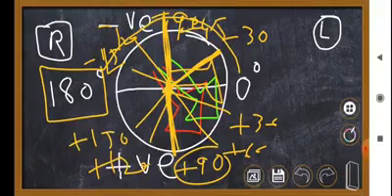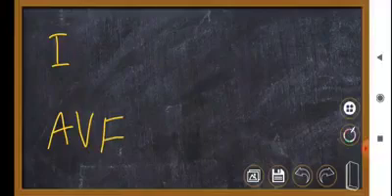So now how to calculate the axis in the ECGs? We have to look at lead 1 and lead AVF, as we have already discussed.